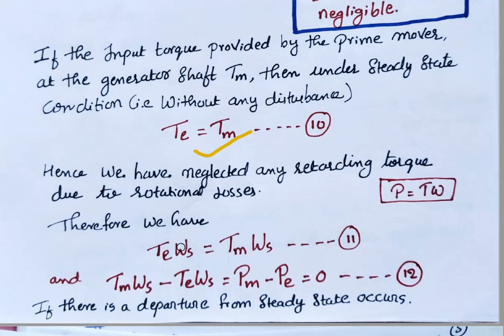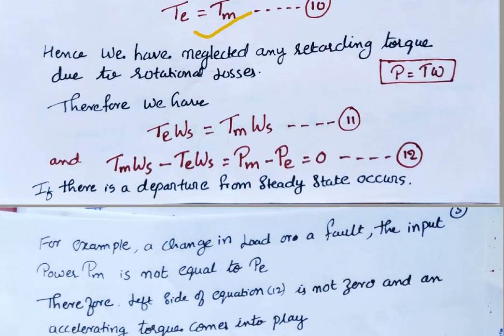Now, therefore, we multiply omega on both sides. So Te into omega s equals Tm into omega s. That means output power equals input power. What is P? It is torque into omega.